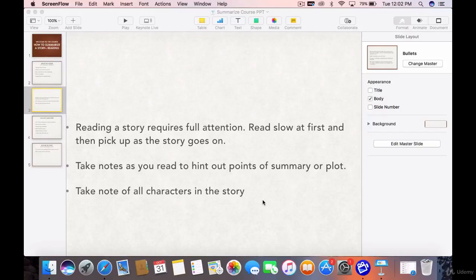So, reading a story requires your full attention. Read slow at first, there's the key, then pick up as the story goes on. So, you're going to read it a couple of times.